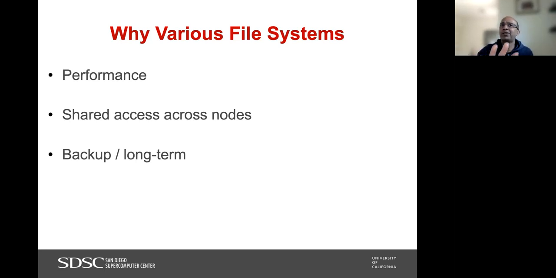Among the file systems, not all of them are backed up. And typically, some file systems are only used for scratch purposes, as in temporary storage. They get purged after a certain point. But you use them because of certain characteristics of your application, for example, local SSD.